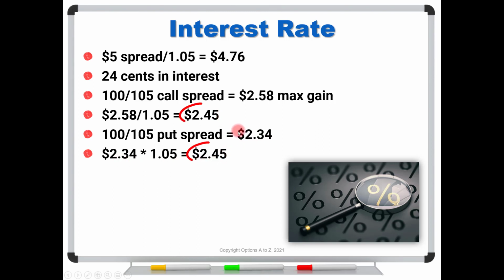So right there, these two numbers, the $245, we find out that they are exactly the same. So the apparent discrepancy between the $258 max gain on the debit spread and the $234 max gain on the credit spread is due to the interest rate. It's just an illusion that the debit spread must be better, but it's because you're not accounting for interest rates.